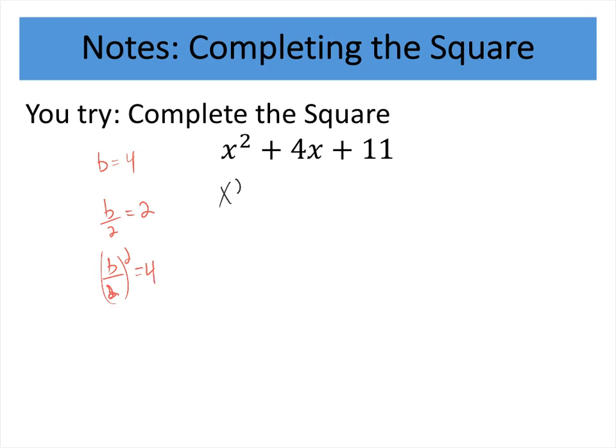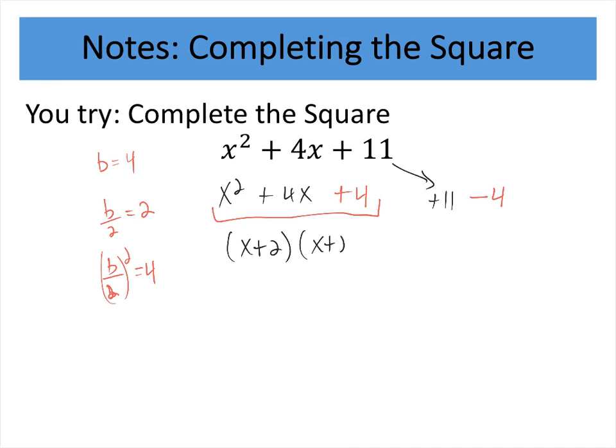So I've got x squared plus 4x. We're going to move the 11 over. We're going to add 4, and we're going to subtract 4. When you factor this, you get x plus 2 times x plus 2, and when you combine these pieces, 11 minus 4 is 7, so plus 7, and then we get x plus 2 quantity squared plus 7.